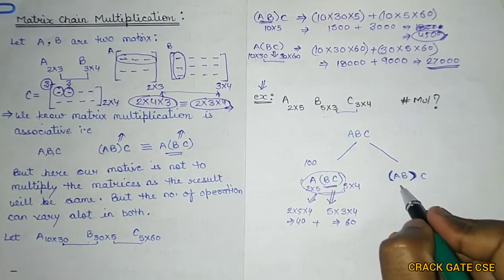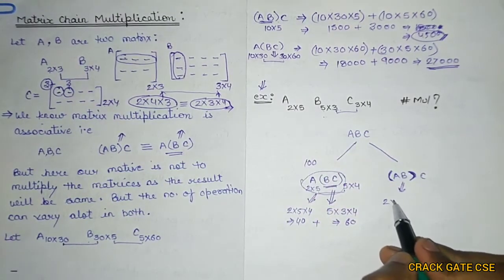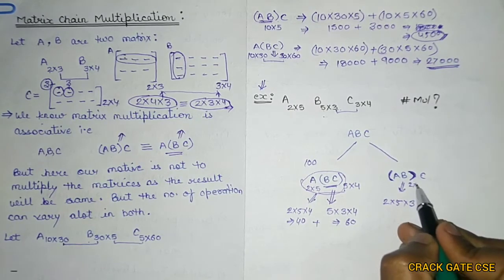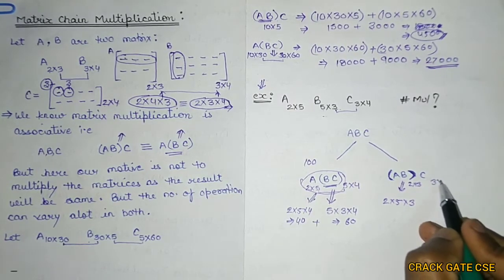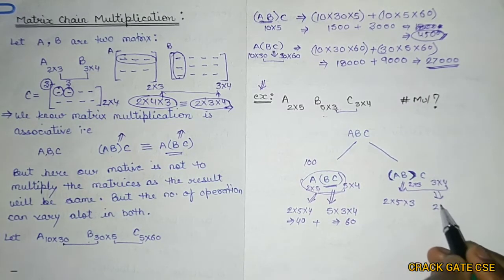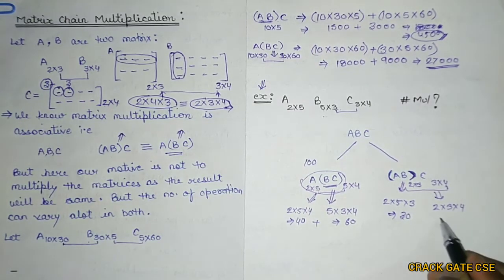Now check for this. If I go with AB, for AB I need to do 2 into 5 into 3, which is 30. Then AB will be of 2 by 3. The next matrix is 3 by 4. So if I check it combinedly, it will be 2 into 3 into 4, which is 24.